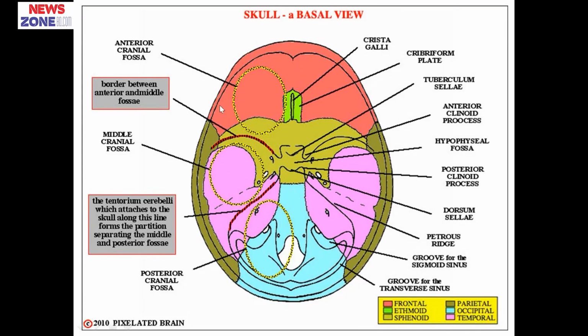In this figure, we can see this is the anterior cranial fossa, this is the middle cranial fossa, and this is the posterior cranial fossa.